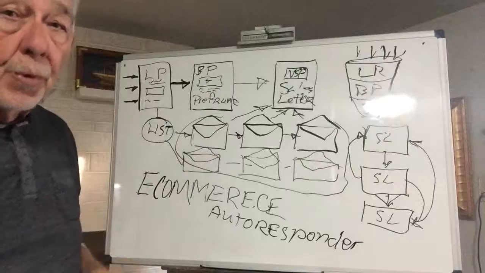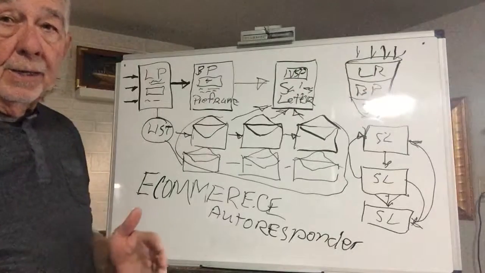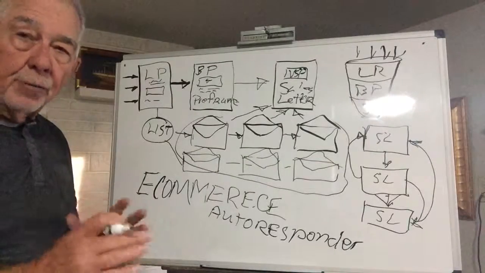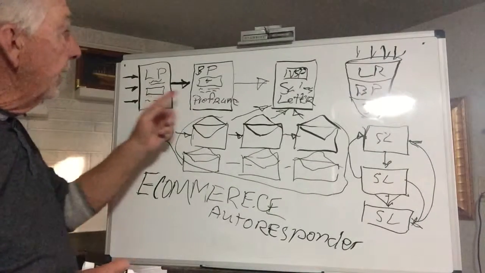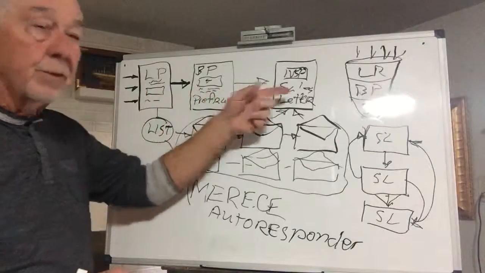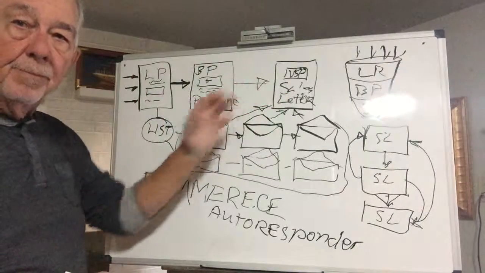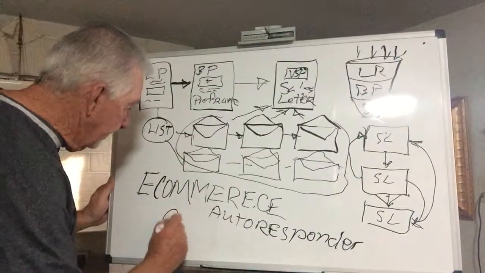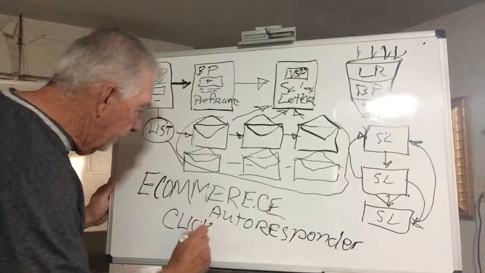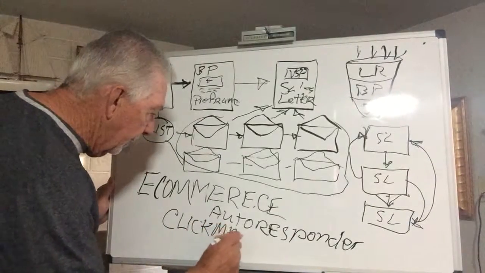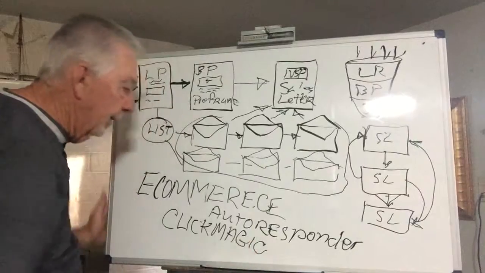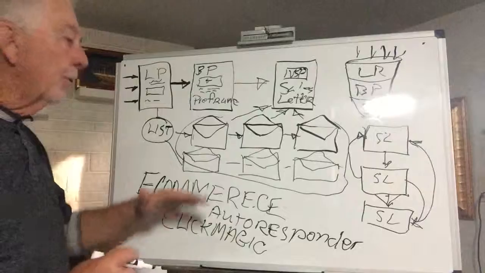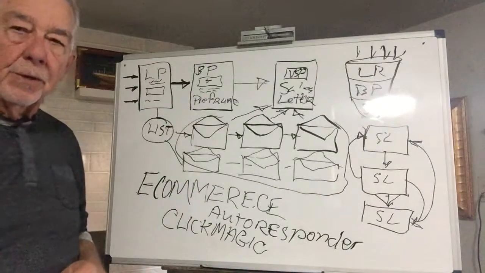Another very important tool is web page software that you can build your web pages with, which is what these are called, the pages in your funnel. And a real good one that I use is called ClickMagick. Very good company, very excellent company. But I'll go into more of these things later on as we go along.